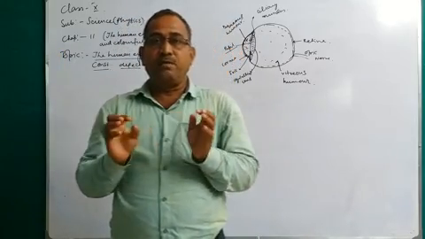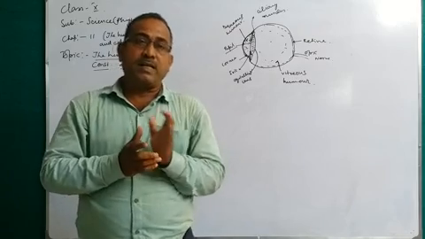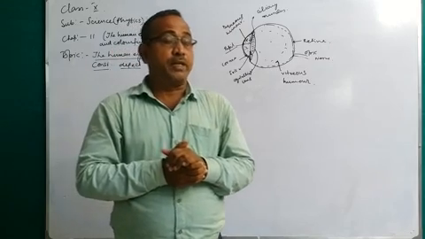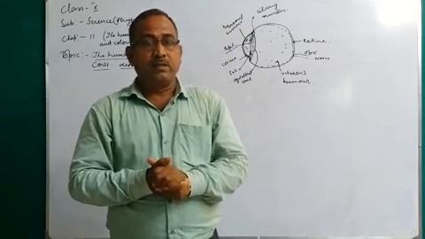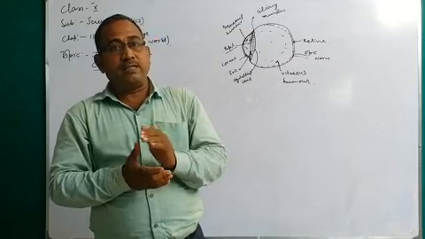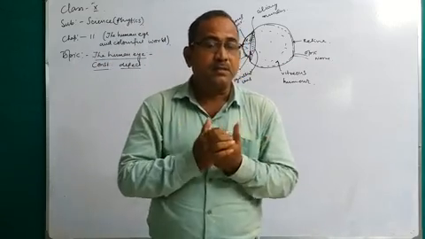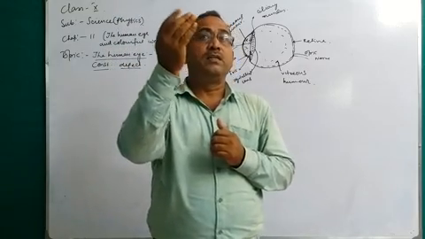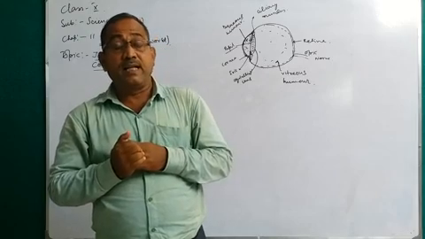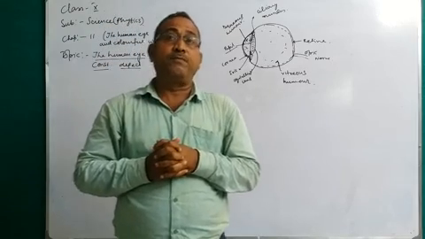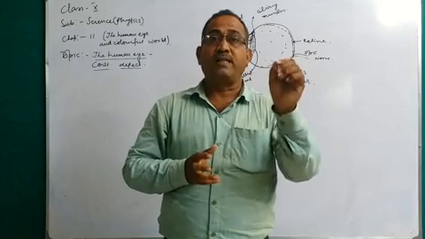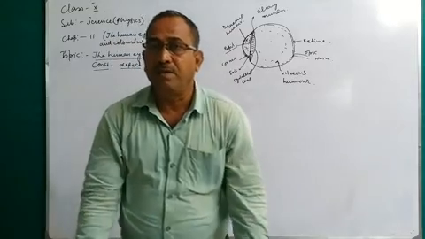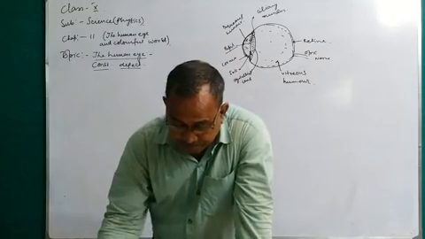One kind of problem is myopic. That means his or her near point is okay, no problem, but he or she cannot see the object clearly on the board or at a far distance from the eye.